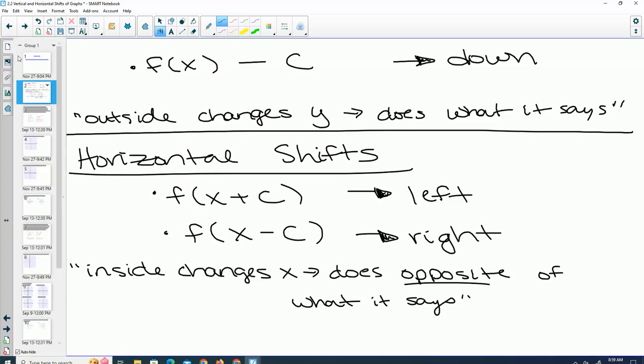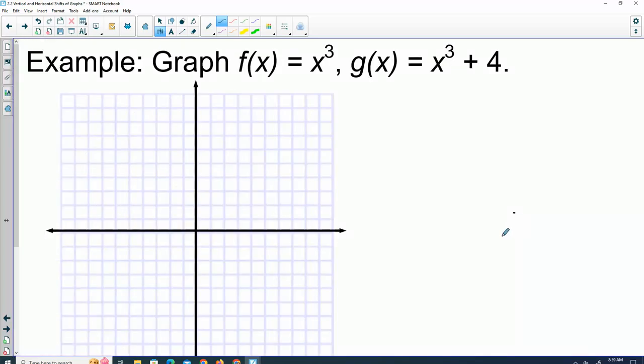All right, let's try one. I'm sorry I didn't print graph paper for you today, so you can draw a graph. Our parent function is x cubed.